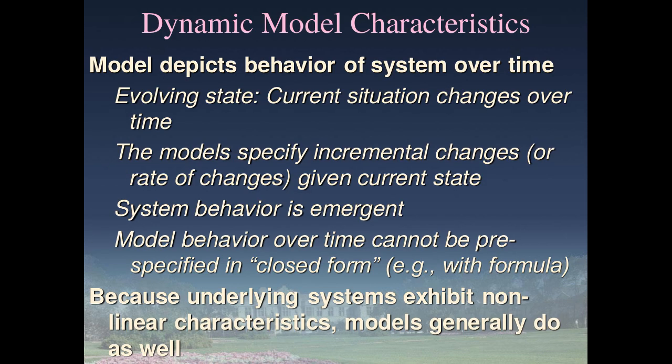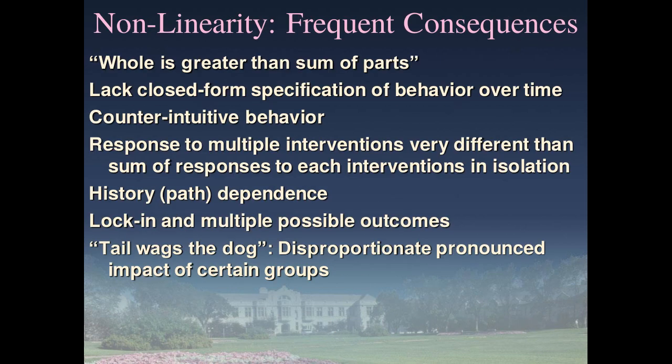Now, the underlying systems here are generally nonlinear, and the models are as well. This means a variety of things. One of the most important in the health area is that response to multiple interventions often leads to outcomes very different than the sum of responses to each in isolation. We may have two different interventions, one focused on prevention, one focused on treatment. If we sum up their gains, it may be profoundly different than if we considered each in isolation and added together the gains of each.